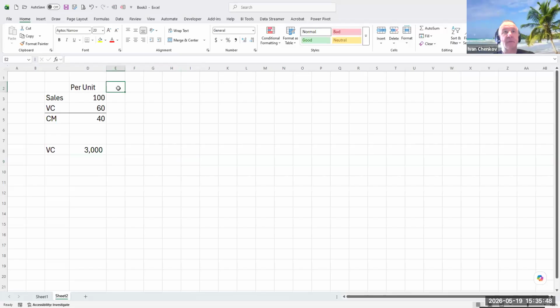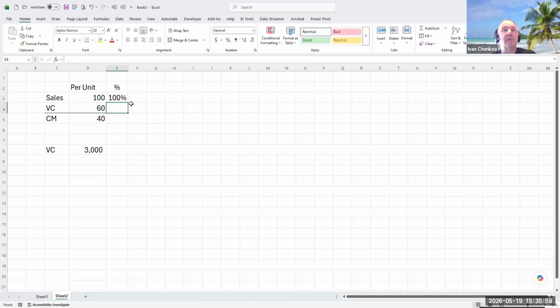First thing first, if we have to express a percentage, sales out of sales are 100%, always. Then, how about the variable cost? Well, the variable cost is going to be 60 divided by sales, or 60%.